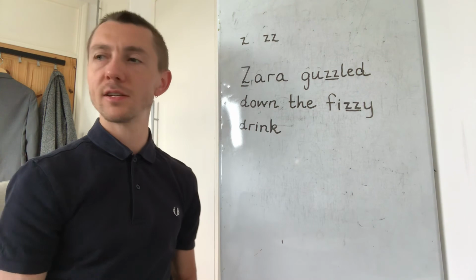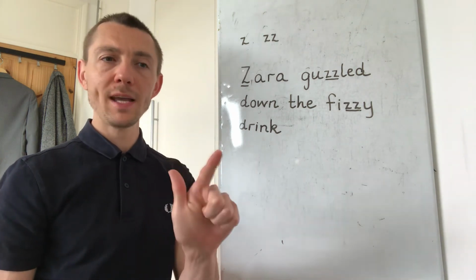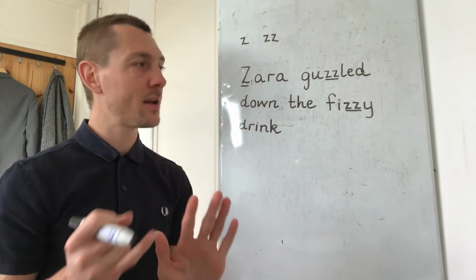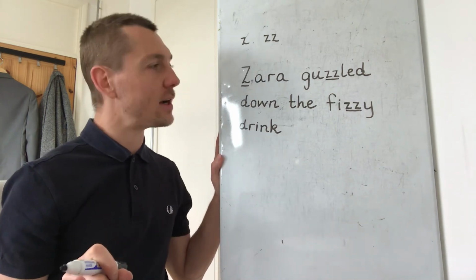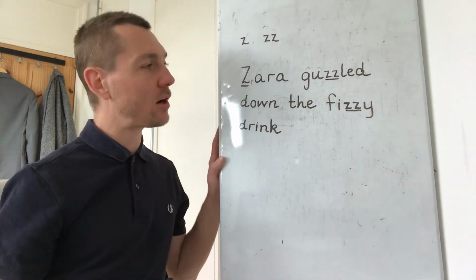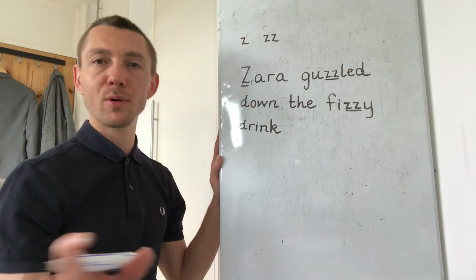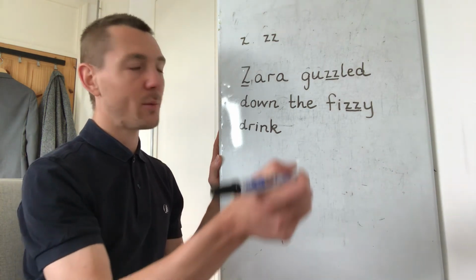Zara guzzled down the fizzy drink, which made her arms and legs move. Let's try that first. Which made her arms and legs move. So pause and have a try, and we'll come back together.